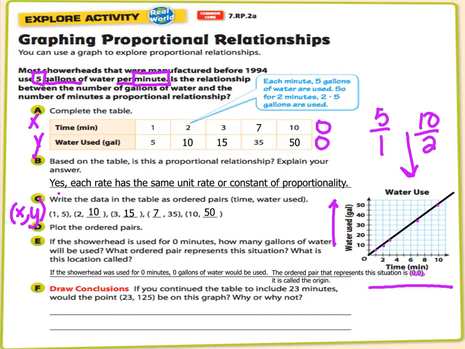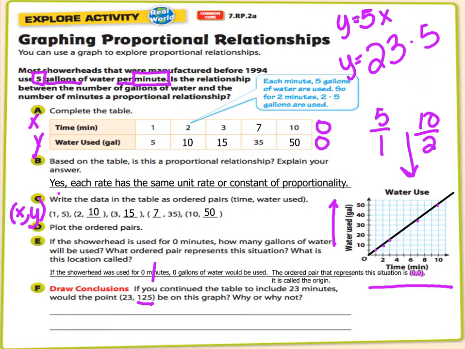I take my time, which is 23 minutes, and use my equation, y equals my constant of proportionality, which is 5, times x, which is my time. It should give me my gallons of water. So y should equal 23 times 5. I should get 125 in order for that point to be on the graph.